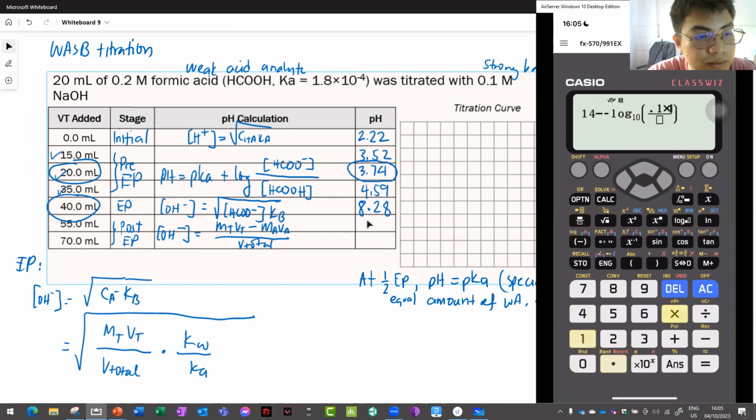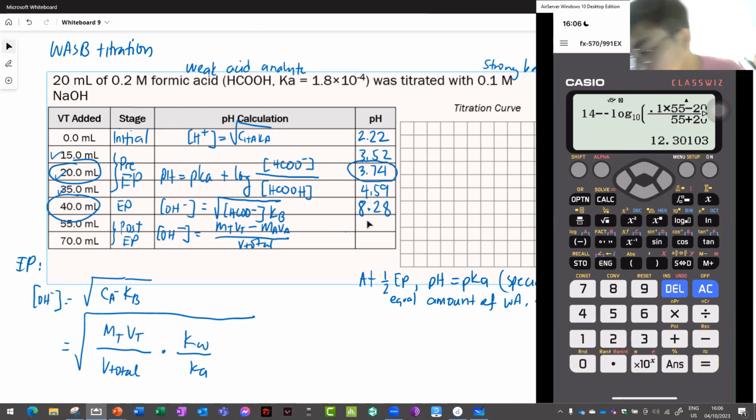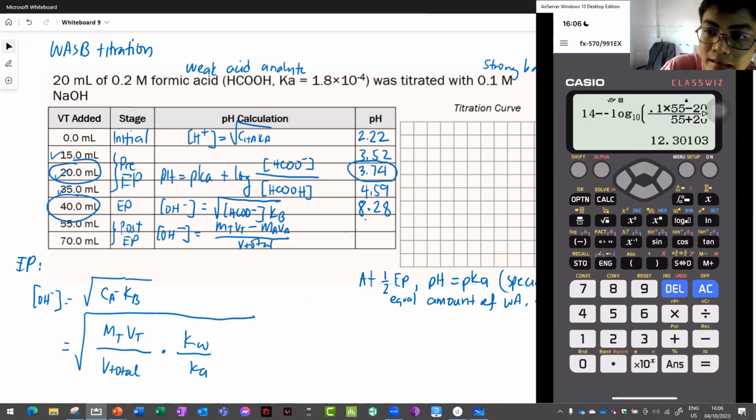MT times volume total of 55 ml gawin natin, minus MAVA, 20 times 0.2 divided by the volume total. So 55 yung titrant, 20 yung analyte. So when I press this equal sign, it would give me the pH agad. 12.30. Laki, no?